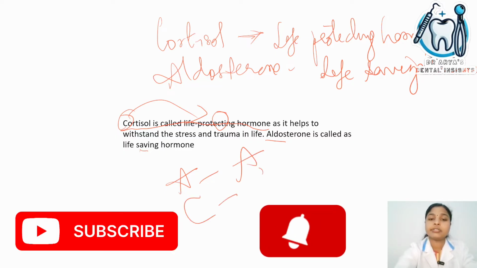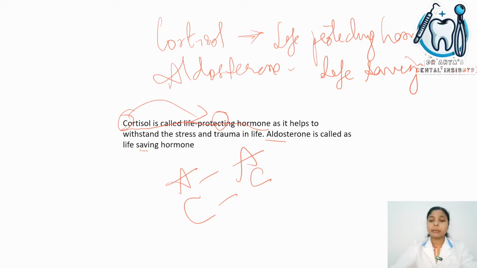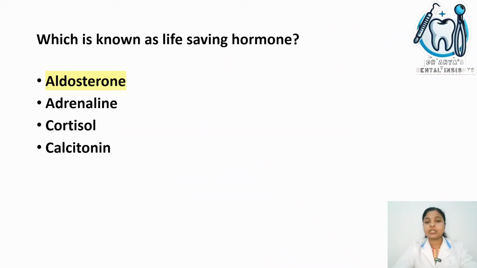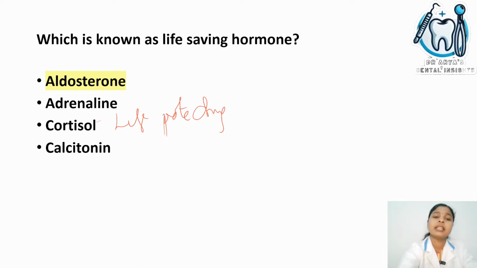So this is the mnemonic for remembering this question. The answer is: life saving hormone is aldosterone and life protecting hormone is cortisol. So if it is asked as life protecting hormone, then the answer is cortisol.